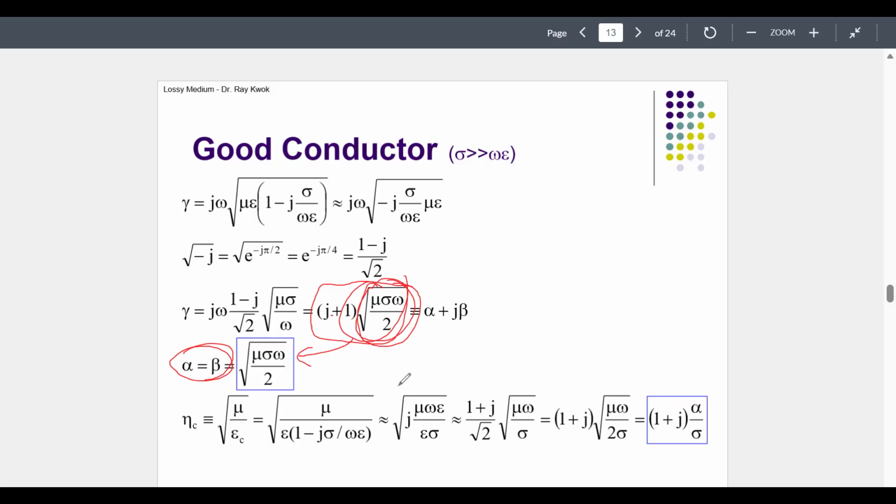That's one thing. The other thing is eta. Eta is the wave impedance, square root of mu over epsilon, where epsilon is the complex epsilon. Now, if I drop the 1, because this is so much bigger than 1, that becomes this. The square root of j, we know how to deal with it, is 1 plus j over square root 2, a 45-degree phase shift, times the rest.